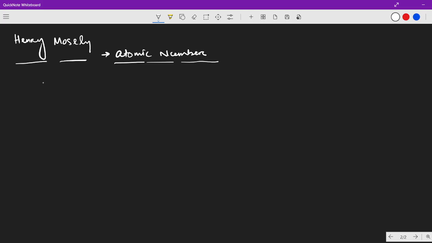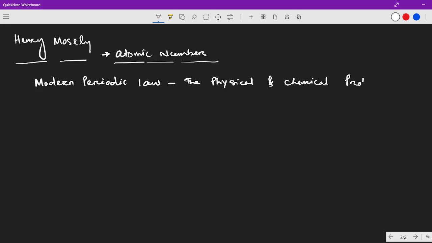On that note we can write the modern periodic law. As this is a revision class, we are not going to discuss so deeply, just the main points which are very essential for your exam. So what is the modern periodic law?